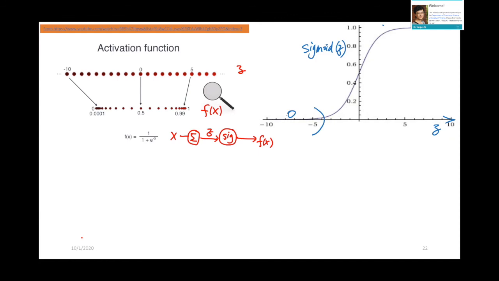It gives me 0. And when Z is larger than 5, it's a plateau, right? So this reaches a plateau, and this almost gives me the output as 1.